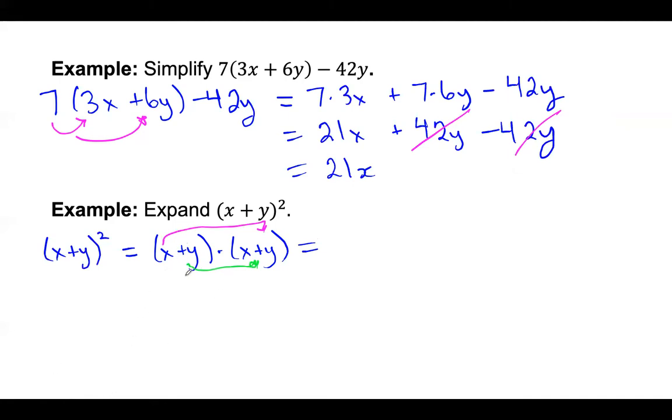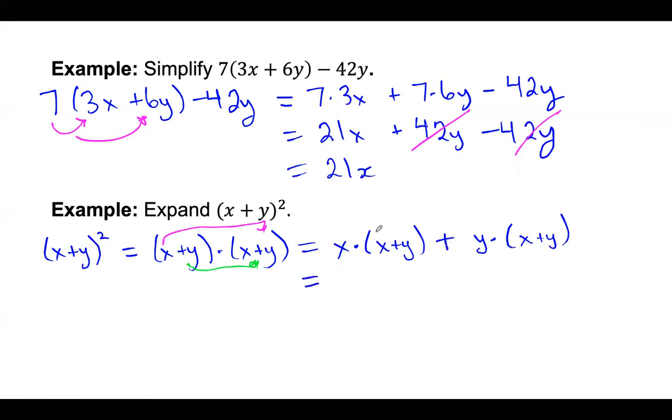And then we're going to add them because it's the next part. So let's write it out. So we're going to take x, multiply it by everything in here. So it's x times (x plus y). Then we're going to take y and multiply it by (x plus y). And as you see, when you go to the next term, it's that plus. So there's a plus here.